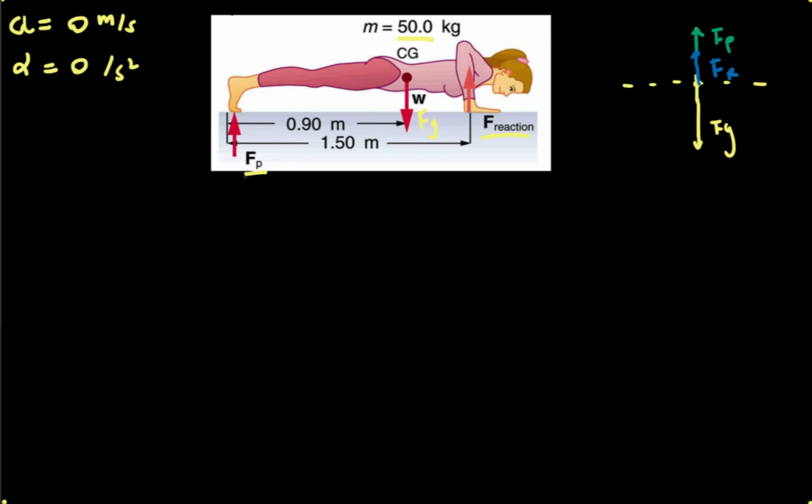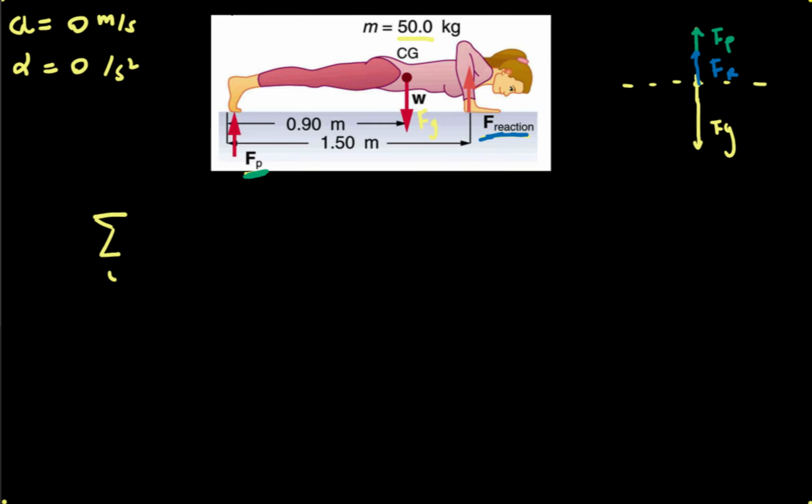So FP is right there and the force of the reaction is right there. And just looking at this graph, you will know intuitively that when you add these two forces, they have to be the same as the gravitational force.